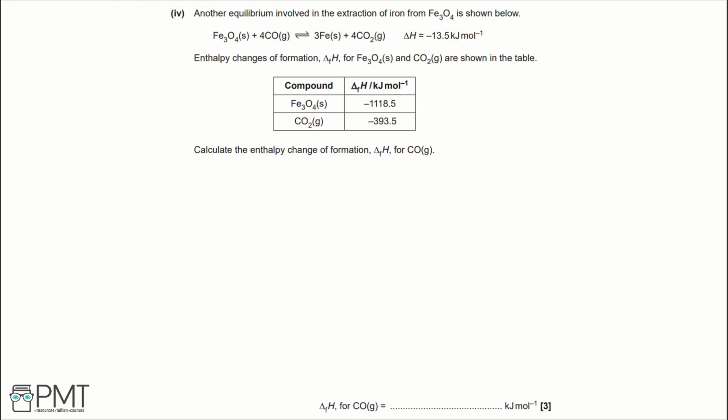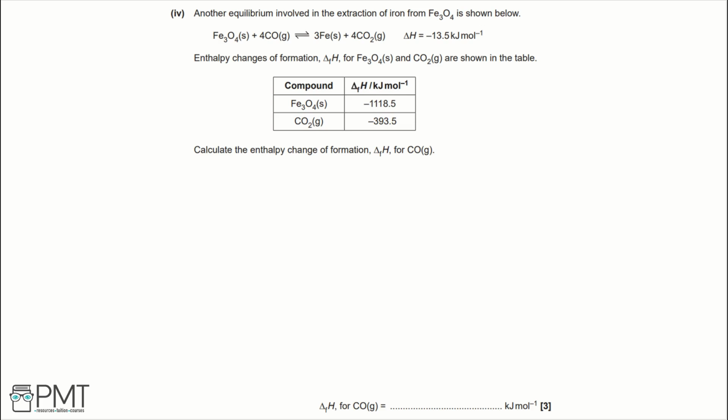Part 4. Another equilibrium involved in the extraction of iron from Fe3O4 is shown below. Enthalpy changes of formation, delta fH for Fe3O4 solid and CO2 gas are shown in the table. Calculate the enthalpy change of formation, delta fH for carbon monoxide or CO gas.